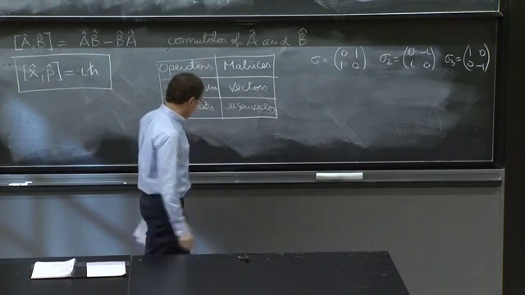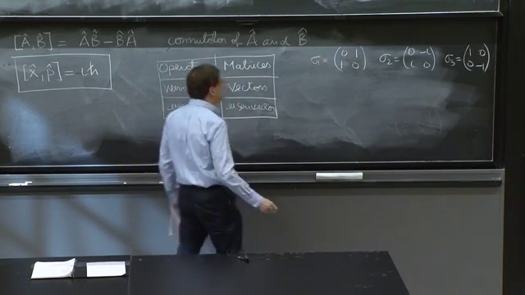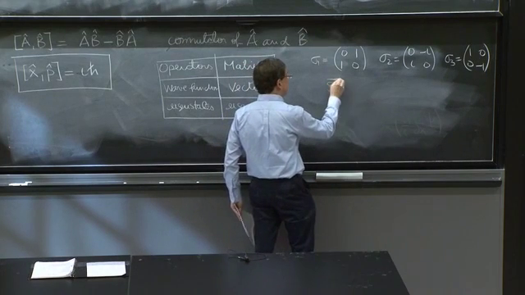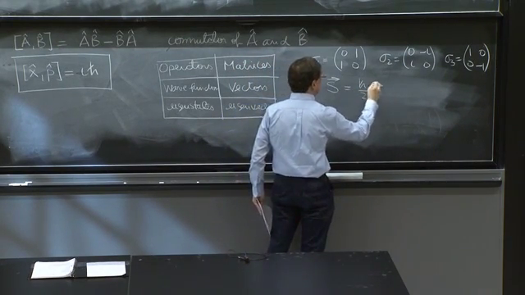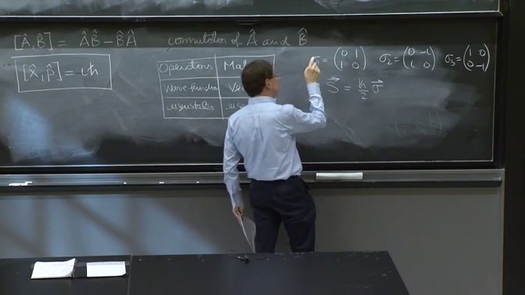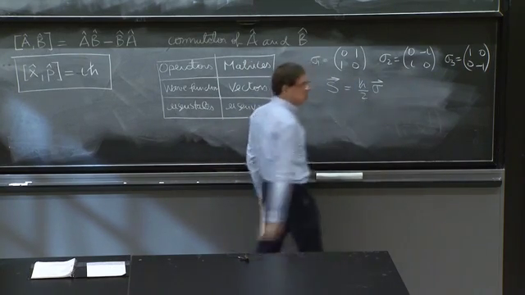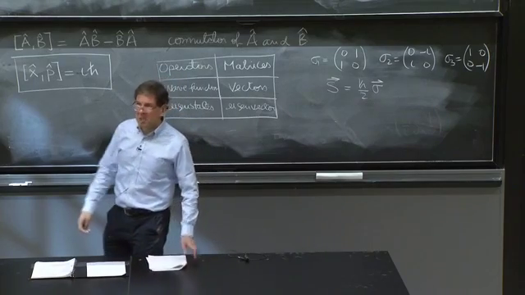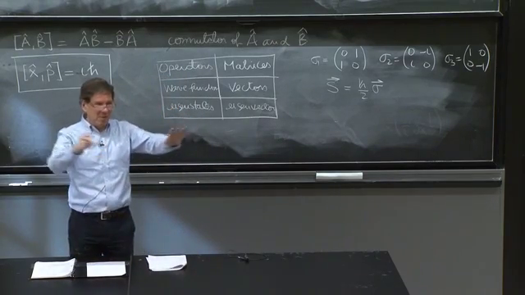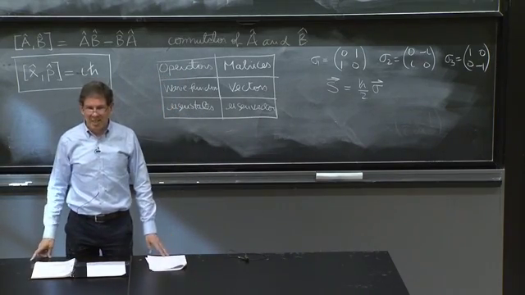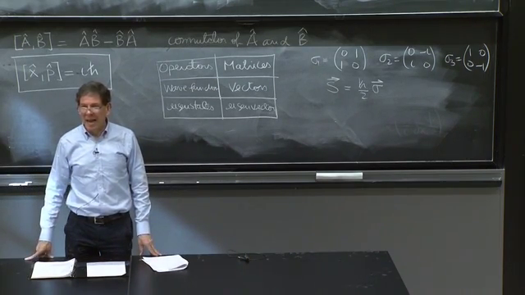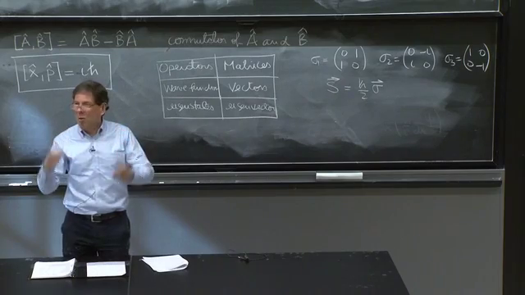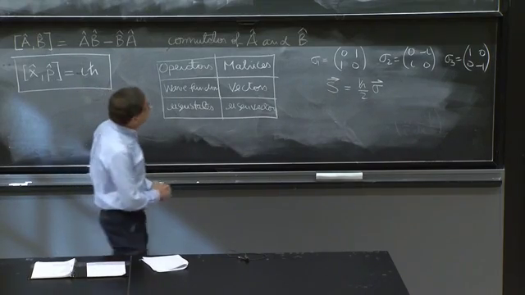And a preview of things to come, the spin operator is actually h bar over 2 sigma, if you think of sigma as having 3 components. That's where it is. Spins will be like that. We won't have to deal with spins this semester, but there it is. That's spin 1/2. Somehow these matrices encode spin 1/2.